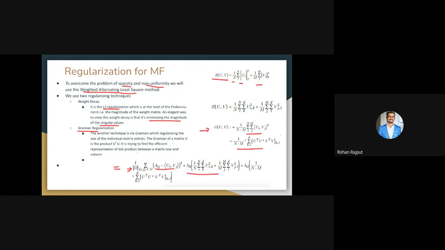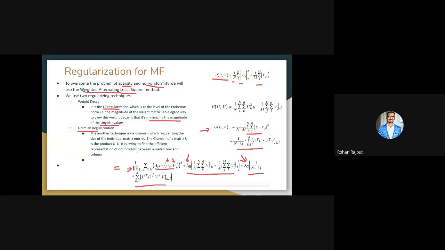Then we have the weight decay, and the second one is the Gramian regularization. We can choose what lambda value we want to keep over the iterations. This is the complete equation we want to solve to generate the two latent matrices, u and v.